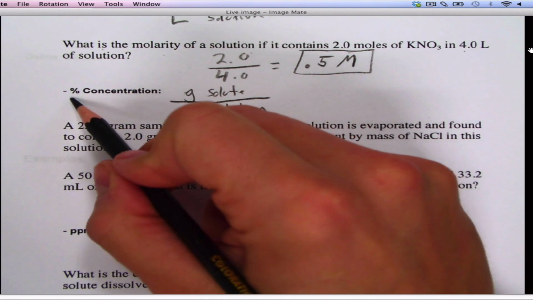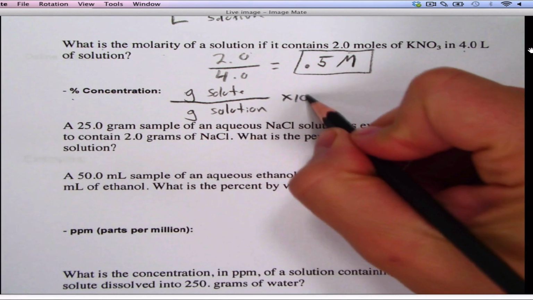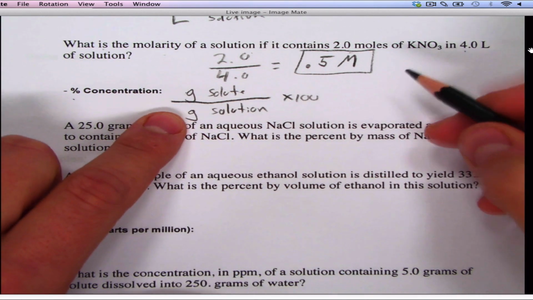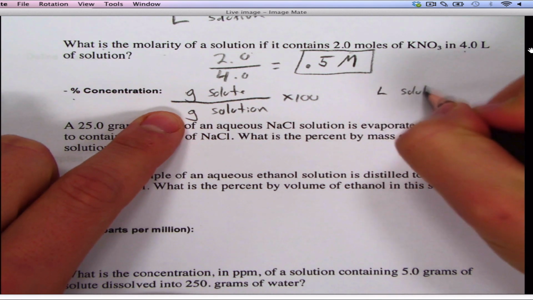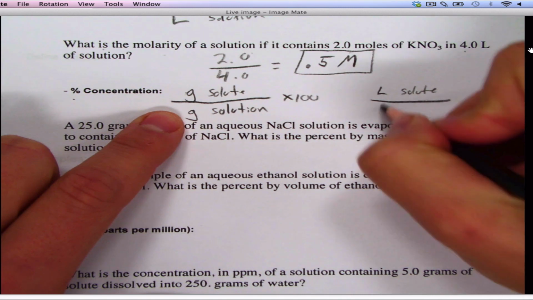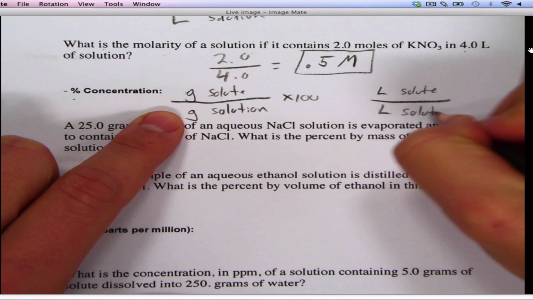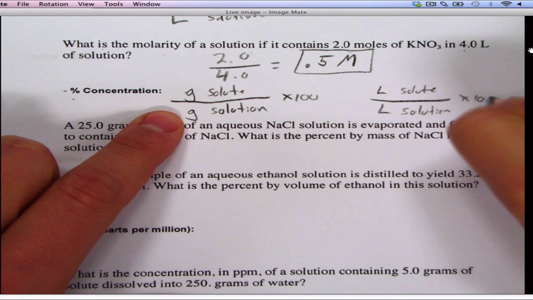And because you're doing percent, it's times 100. So this would be percent by mass. If we went percent by volume, it would be liters of solute over liters of solution, and obviously you multiply that by 100 too.